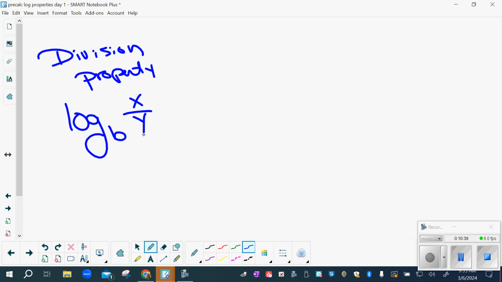The next one. This one's easy too. Just like before, logs are actually exponents, and when we have exponents somewhere on the top and somewhere on the bottom, we subtract. So this is going to look like this.